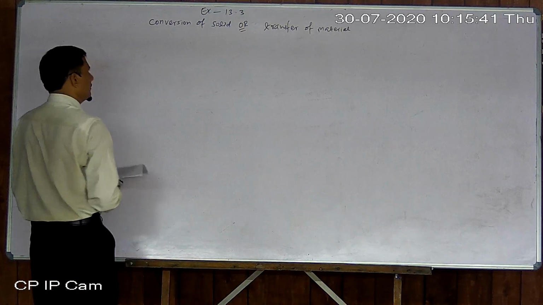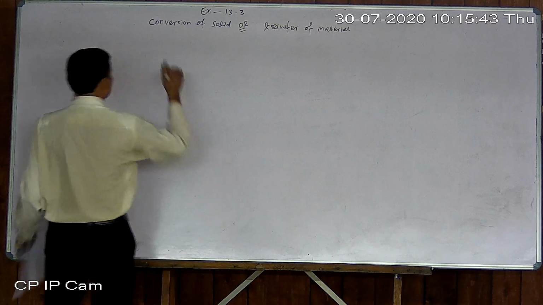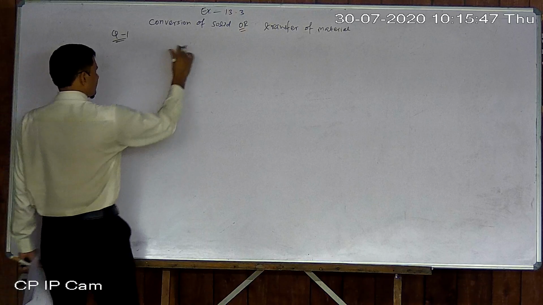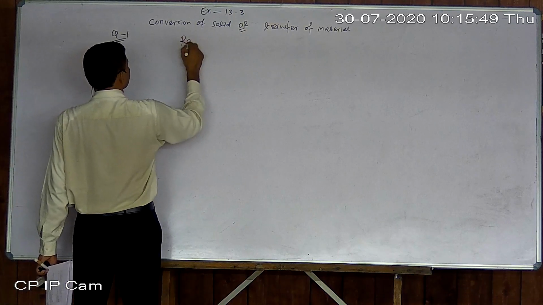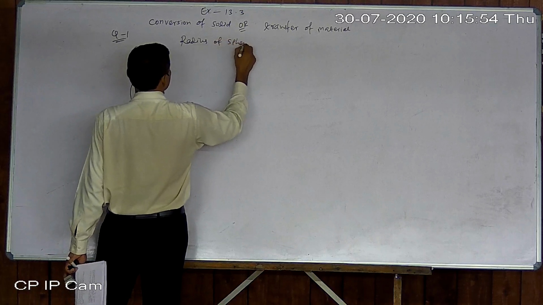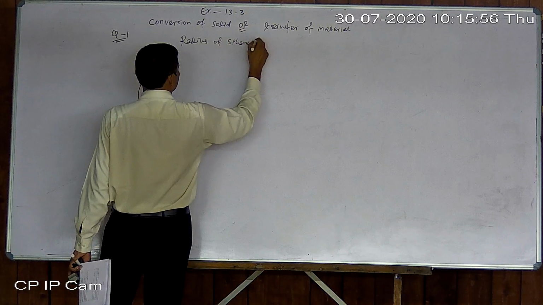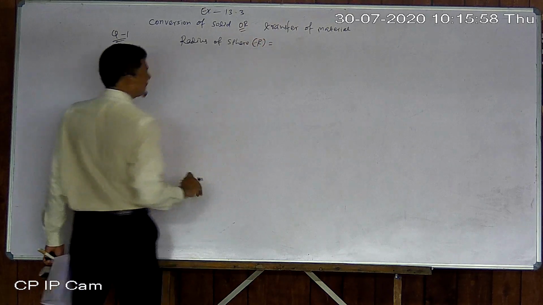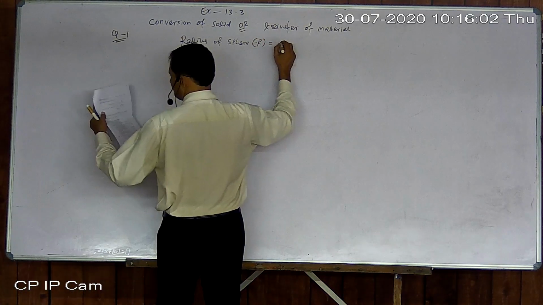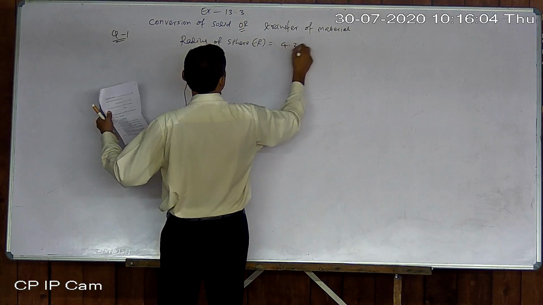Okay. So write down first of all the measurements. Question number 1. First, radius of sphere. Radius of sphere. We say it R because another radius also comes from here. So that is 4.2 centimeter.